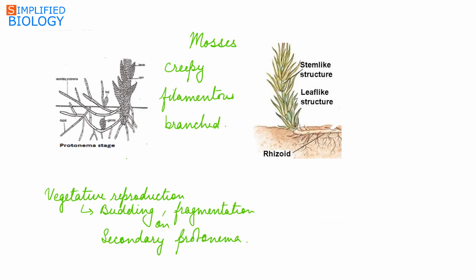Next, the mosses. Funaria is the moss plant. Now, mosses have two stages in their life cycle: a protonema stage and an erect stage.